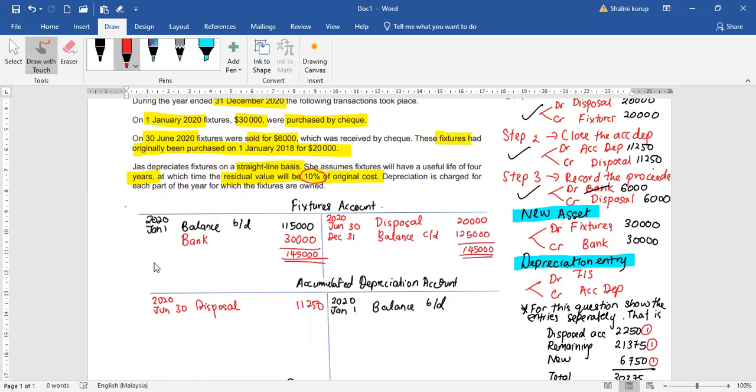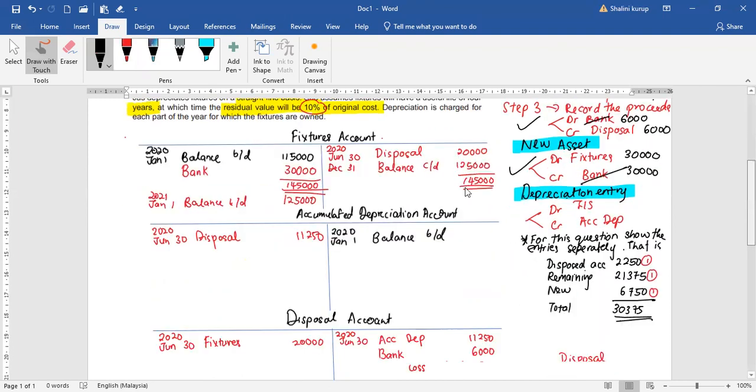Now don't forget, you bring down the balance on 2021 January 1st, you'll have your balance b/d as 125000. Now we are done with this entry as well. As usual, bank we are not opening, so we don't have to bother.